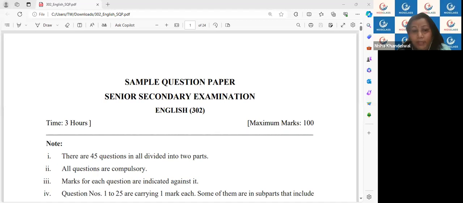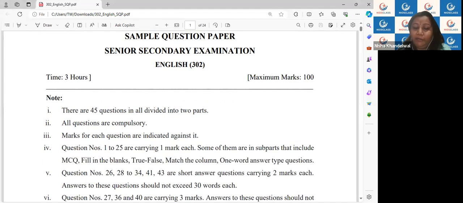So as you can see, the paper is there, and don't be afraid of those 45 questions, all divided, because these 45 questions carry short answers, very short answers. Match the column, one word, MCQs, many are there. So just don't be afraid, but still, you need to take care that this is a language paper and it would be very, very lengthy.